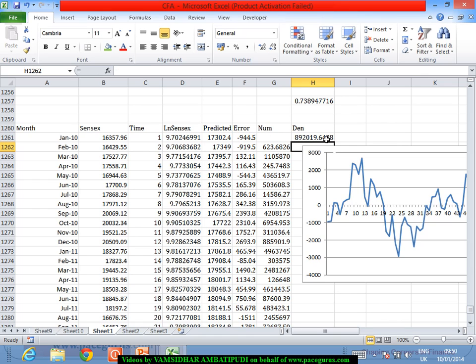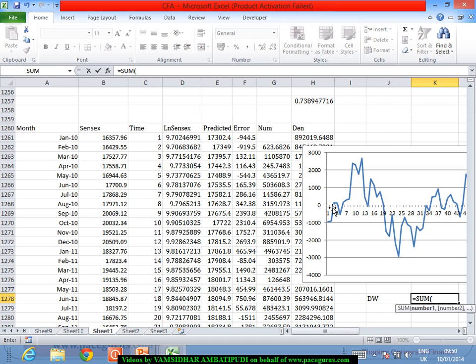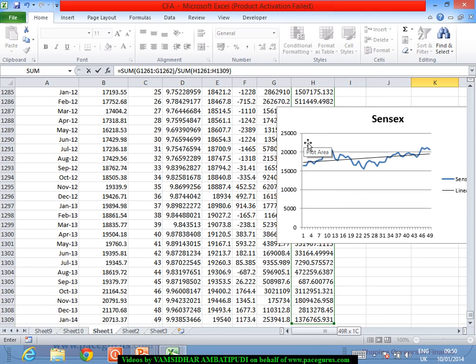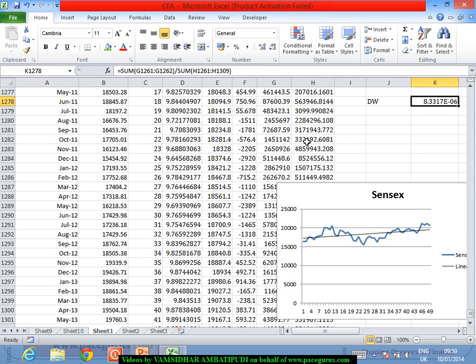So the Durbin-Watson value is the sum of all the numerators divided by the sum of all the denominators.